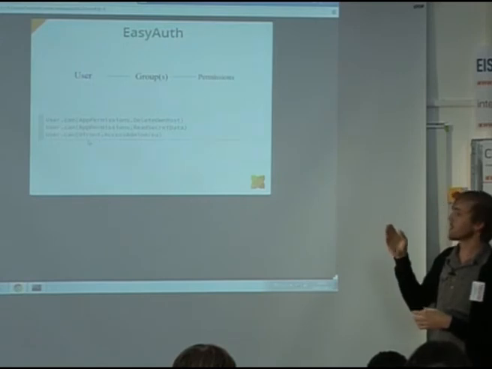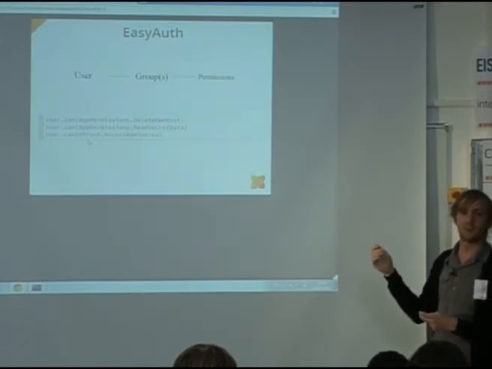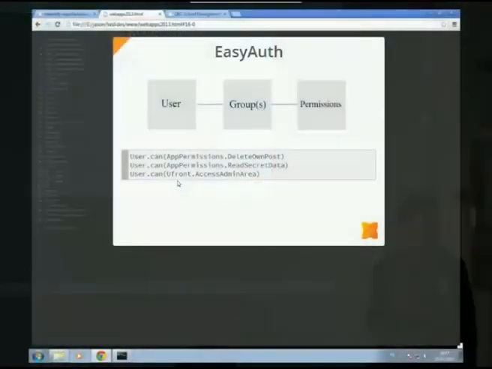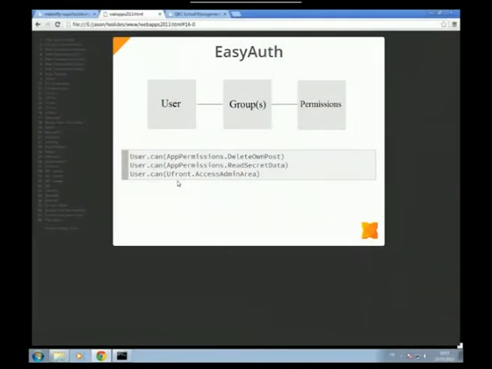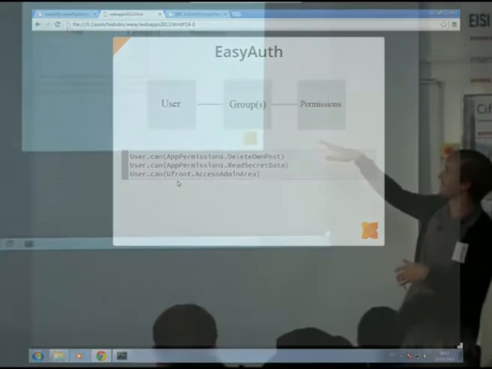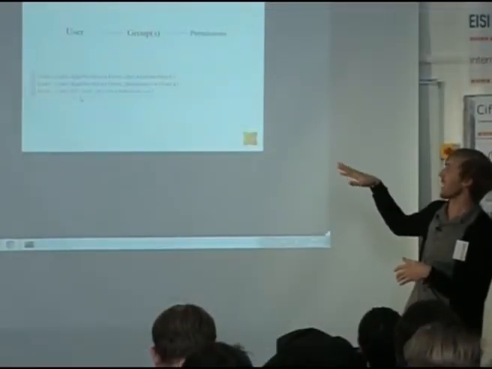The permissions are based on enums in your code. I should have drawn up what it looks like, but you just define an enum, and you might call it AppPermissions, with things like the permission to delete your own post, to read secret data, to access the admin area.